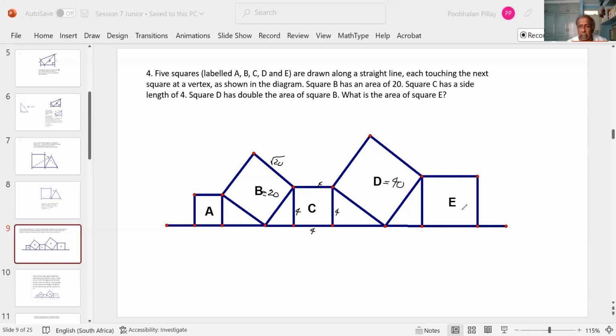And now the question is, what is the area of square E? Okay, so that's the question. And to find the answer to that question, I evidently have to find a side of square E. And if I get the side of square E, then I'll simply square that side to get the area.